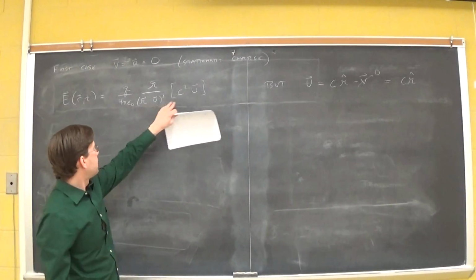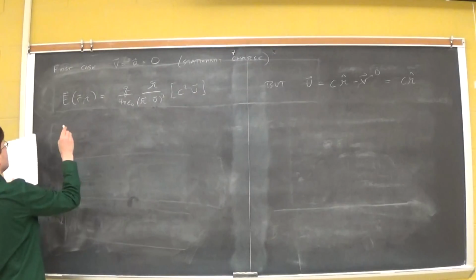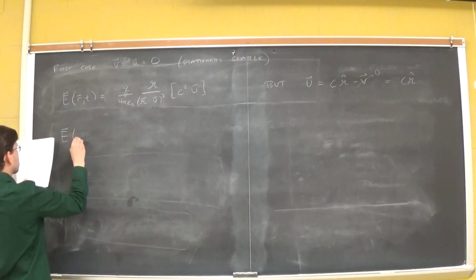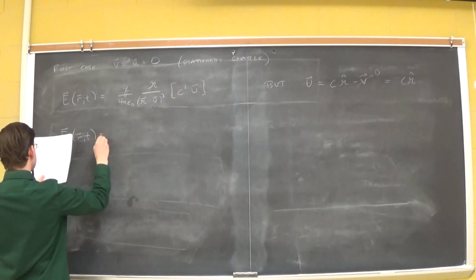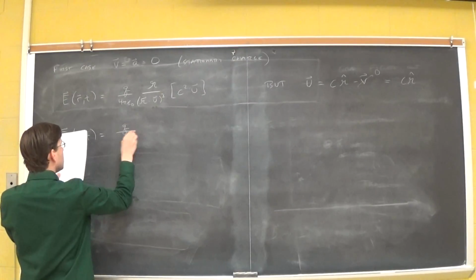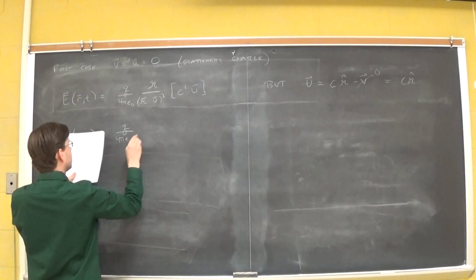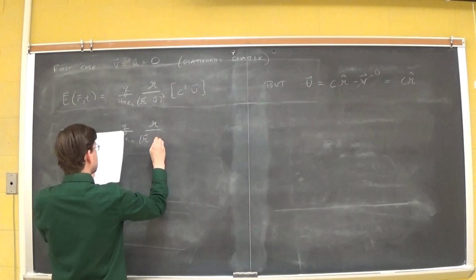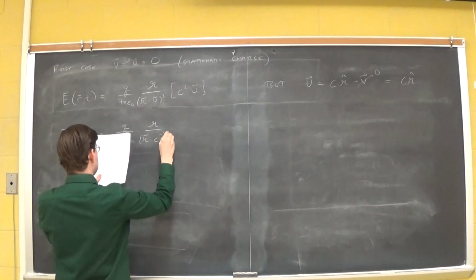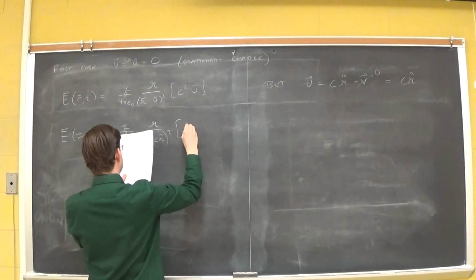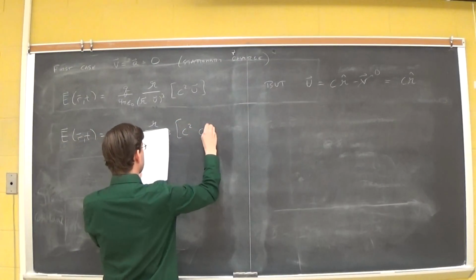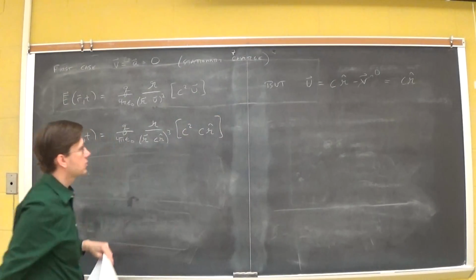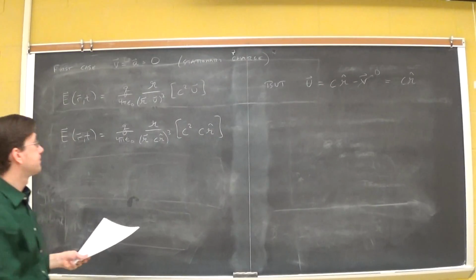With that definition for u, we recover that the electric field of R and t is equal to q over 4 pi epsilon naught times curly R over curly R vector dotted into c curly R hat cubed, times c squared times c curly R hat. I've just substituted for u everywhere.